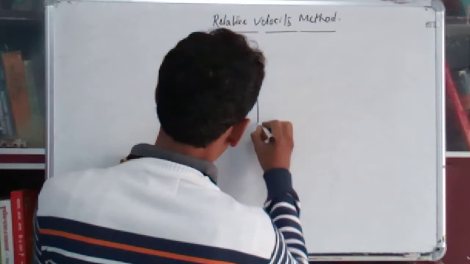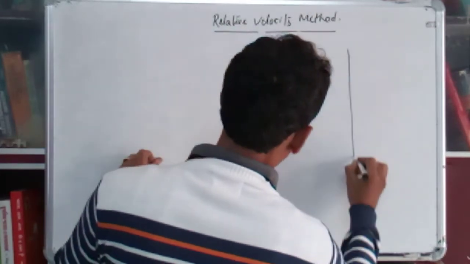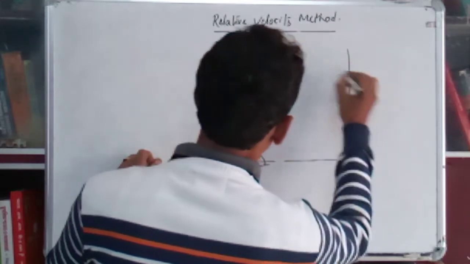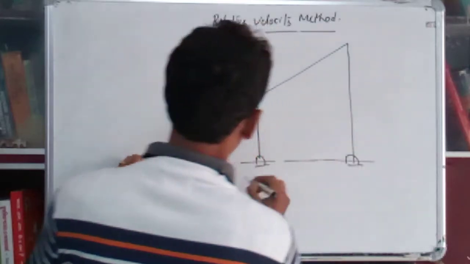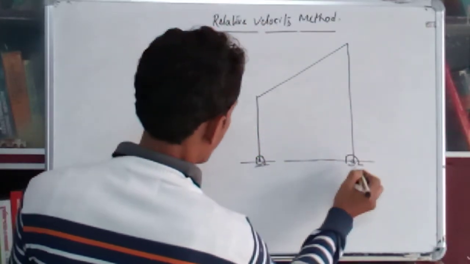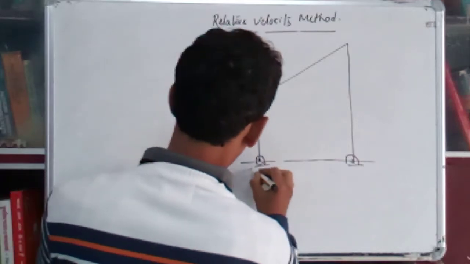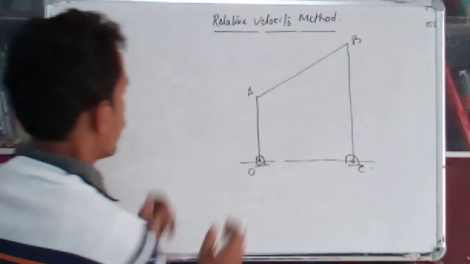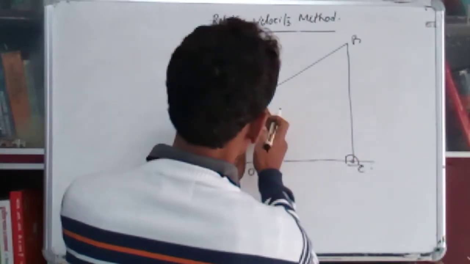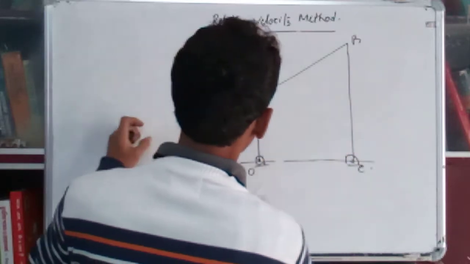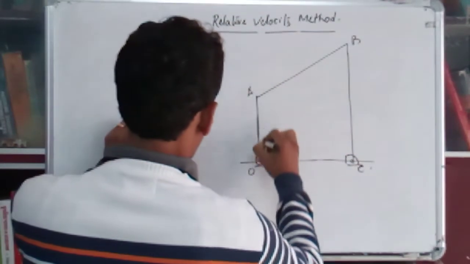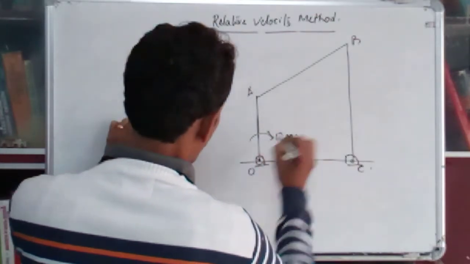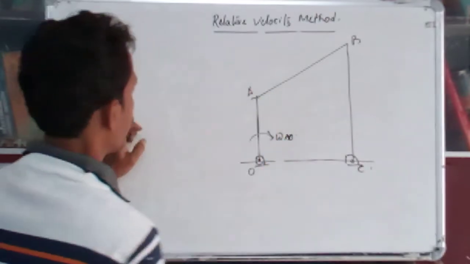Suppose O, A, B, C. These two links are parallel, and this is rotating with some angular velocity omega. The length of the link is known.